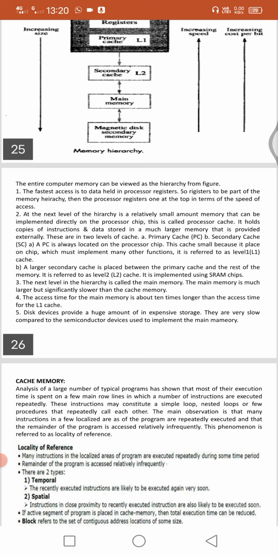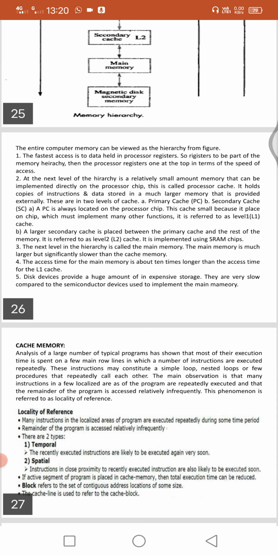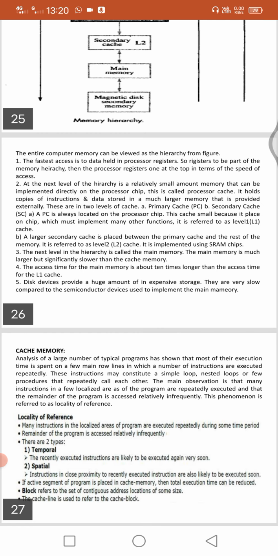Coming to the primary cache, it is always located on the processor chip.